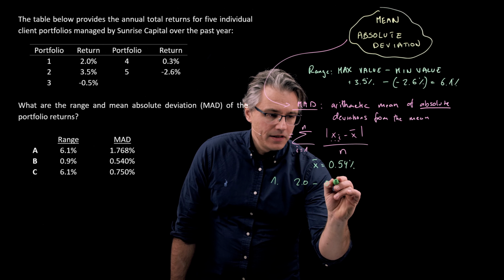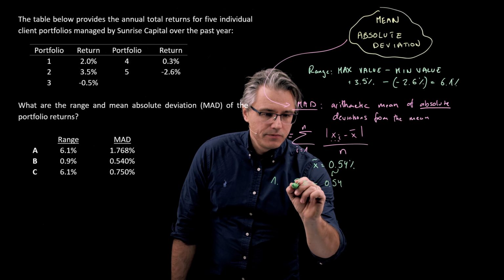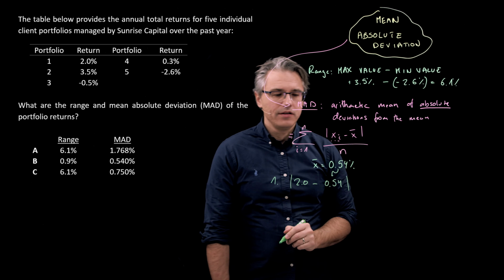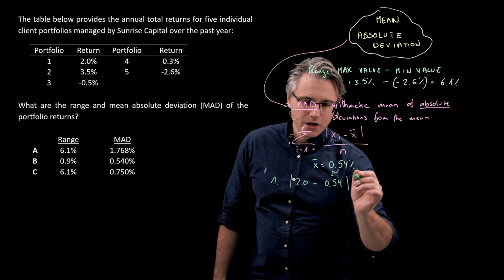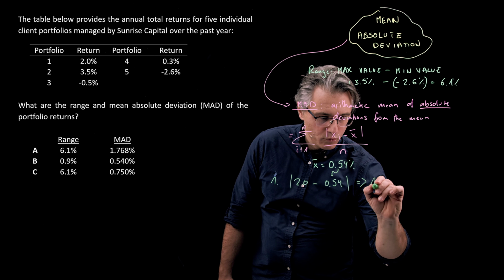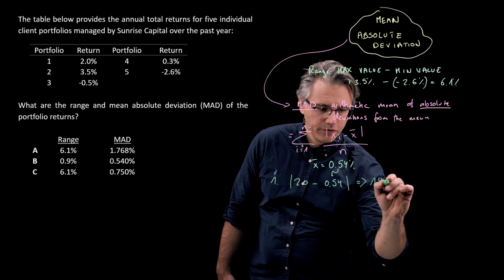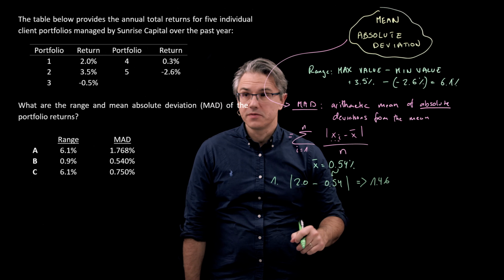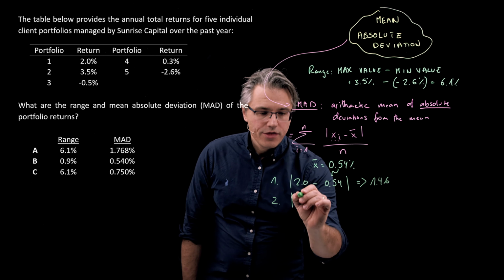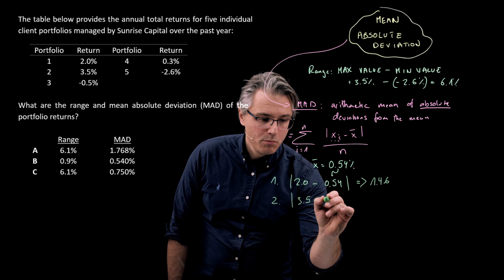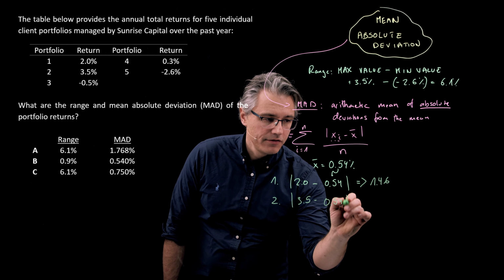The mean is 0.54, just computed this, and I want to get an idea of this absolute distance. So no need for the calculator here. It's going to be 1.46%.